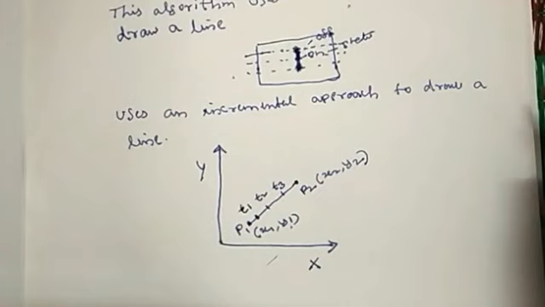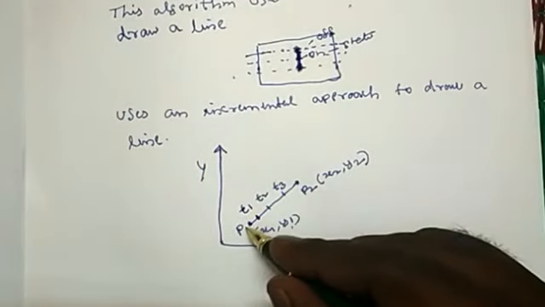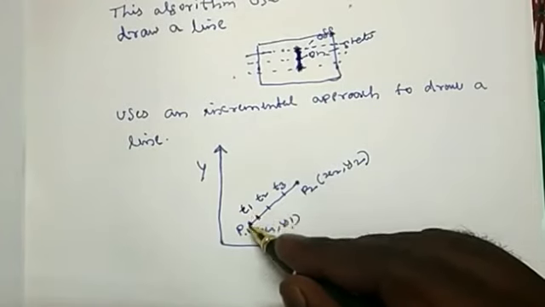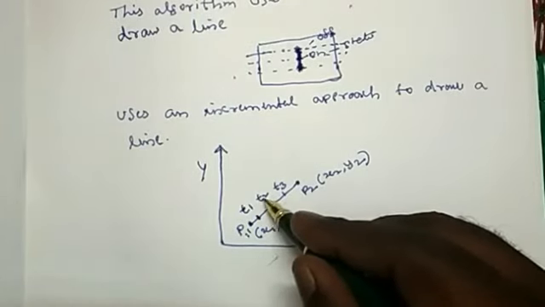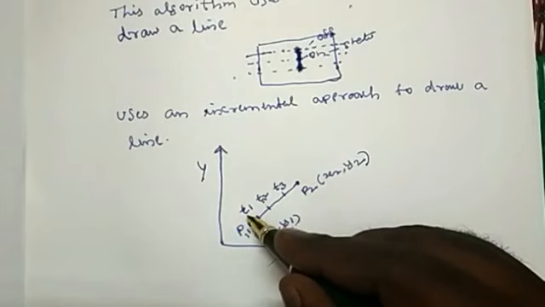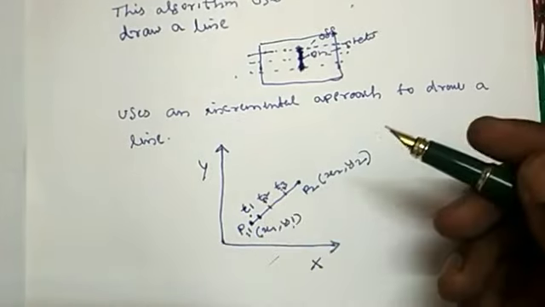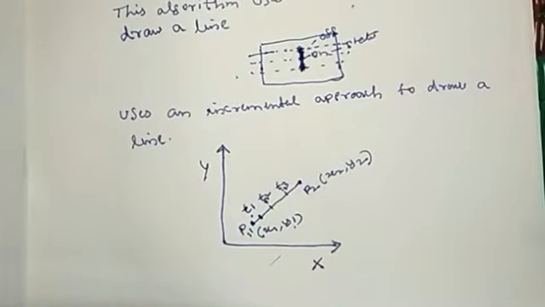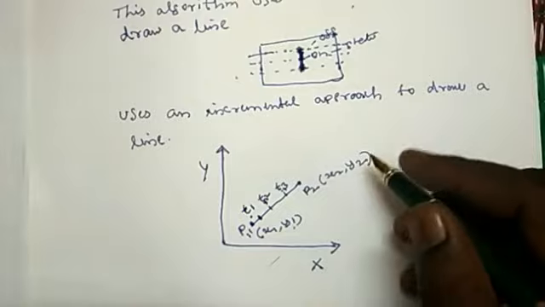What is this incremental approach? To get a point called T1, you have to use the point before it, which is P1. If you want to get T2, you have to use the point T1. And if you want to get T3, then you have to use the point T2. So for calculating every x(i+1) point, you need the x(i) point, that means the point before it.